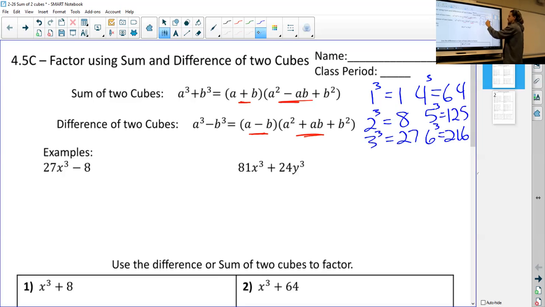There you go. So this will help you out. You're going to see these 6 numbers. You can go further if you really wanted to, but I don't think you're going to see anything bigger than 216.